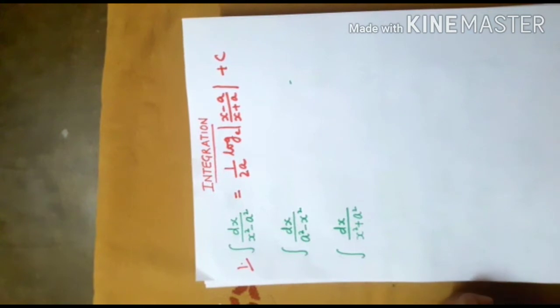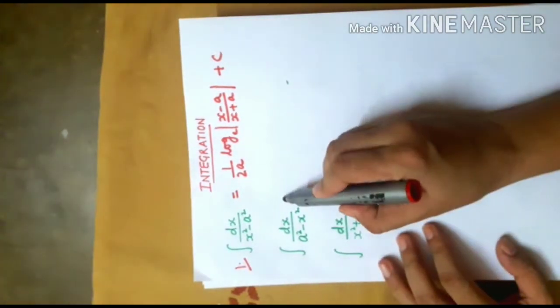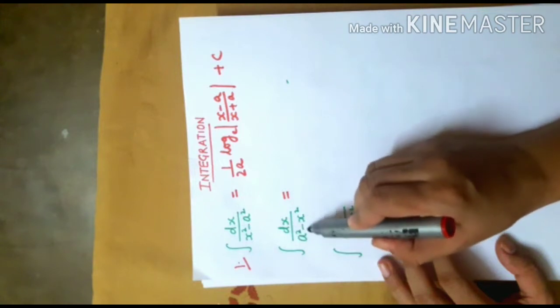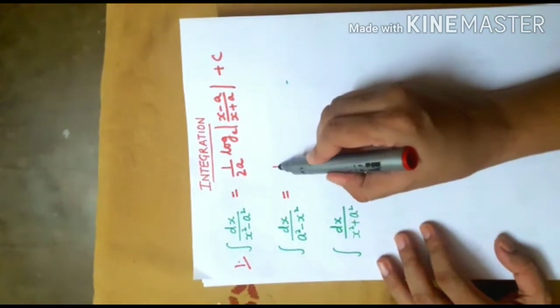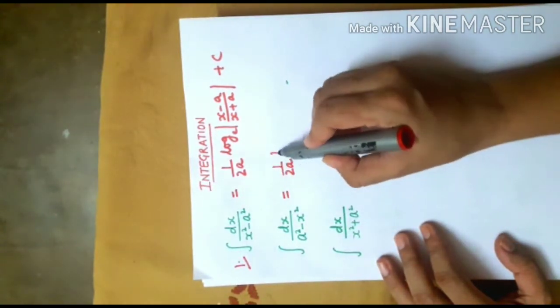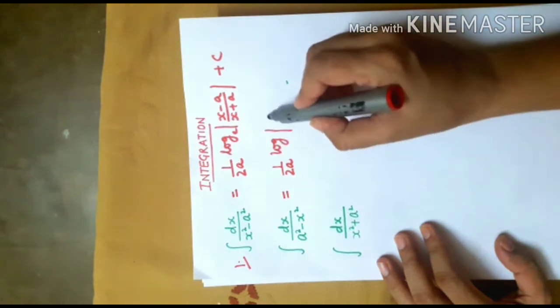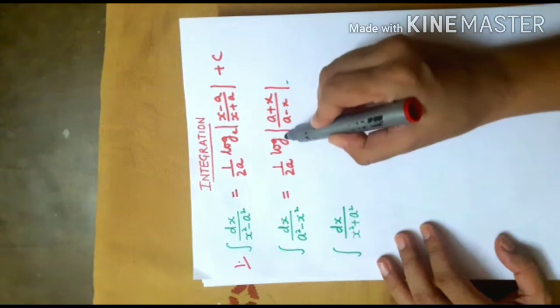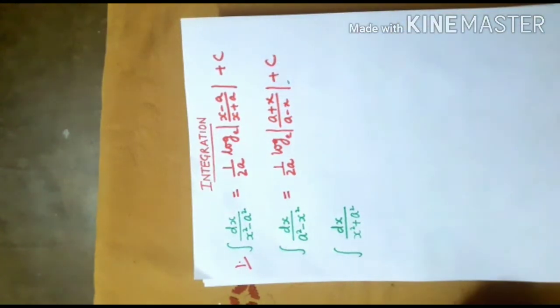Right? And similarly, you can obtain integral dx over a square minus x square will be 1 by 2a log a plus x over a minus x plus c.